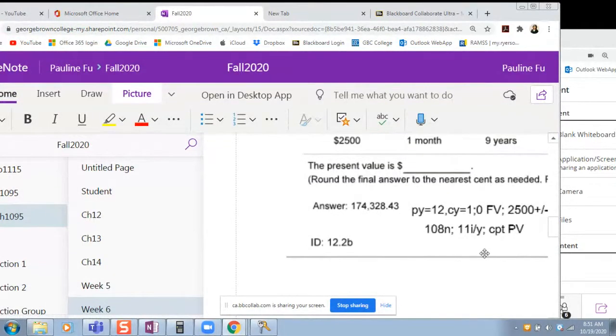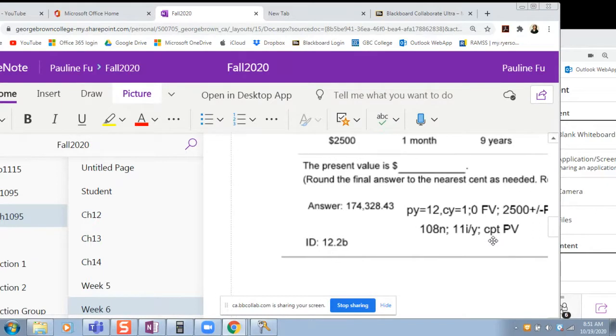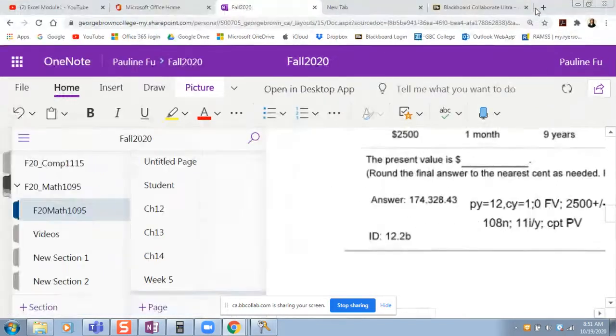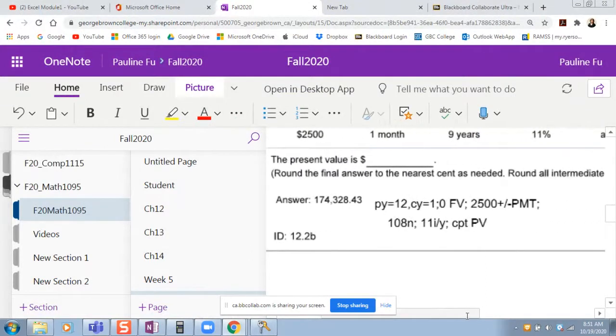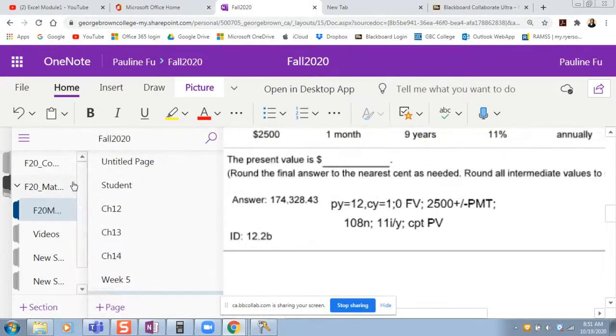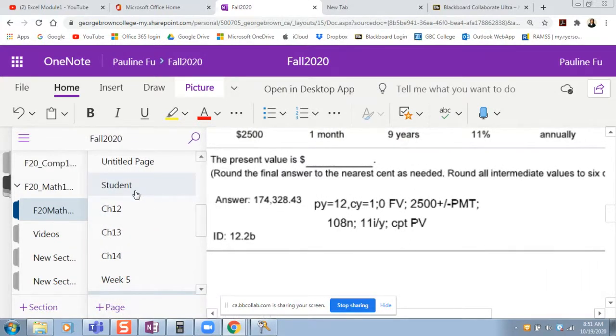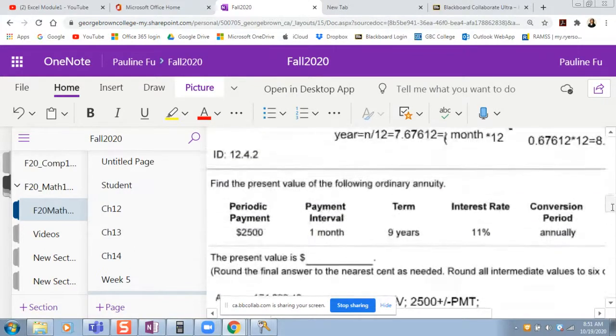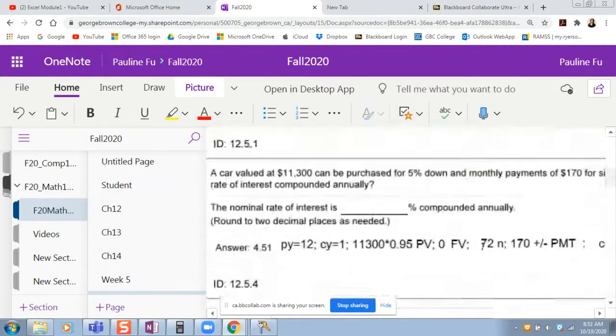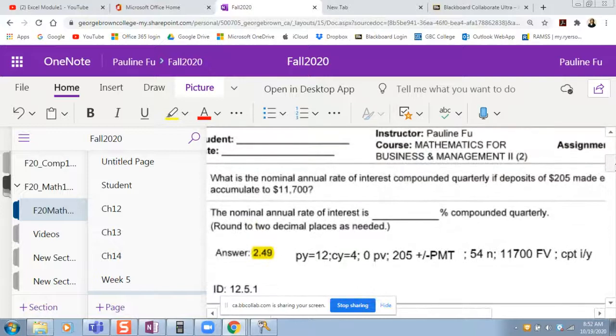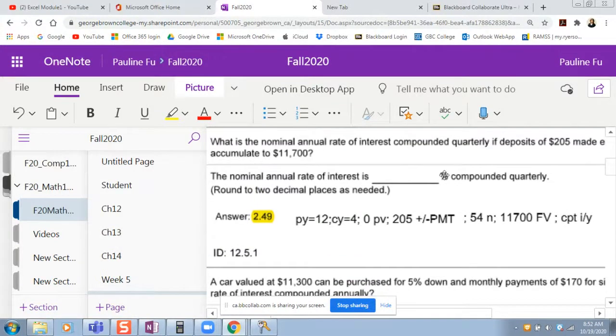Looks like I cannot see it here. Okay, let's do this question.